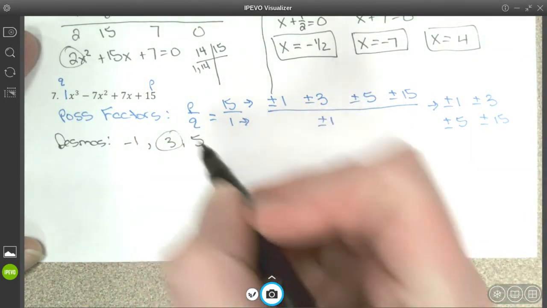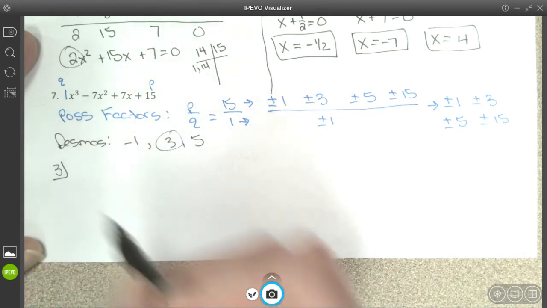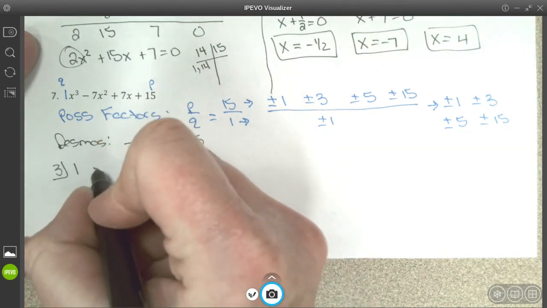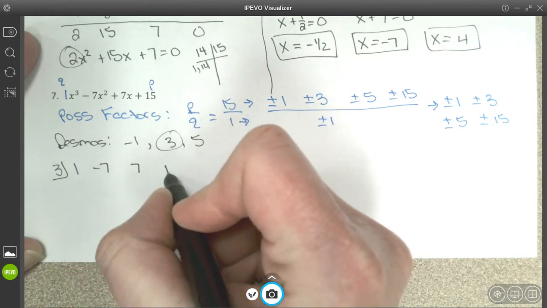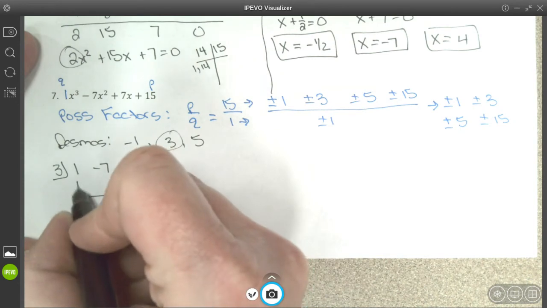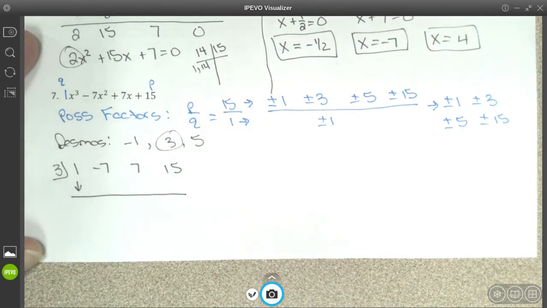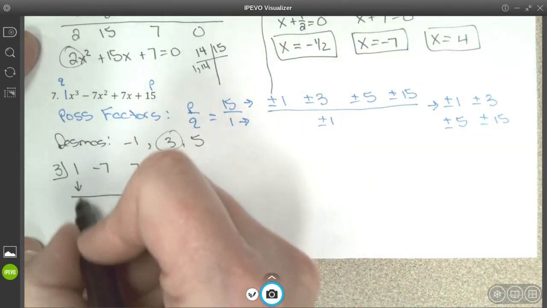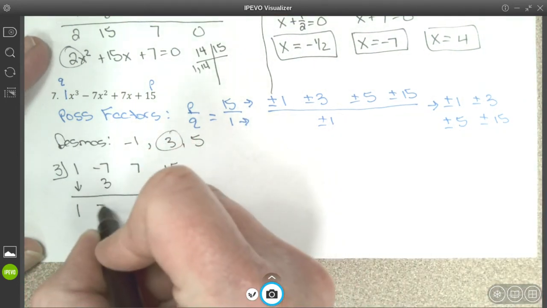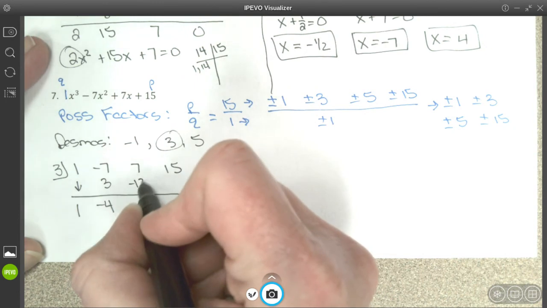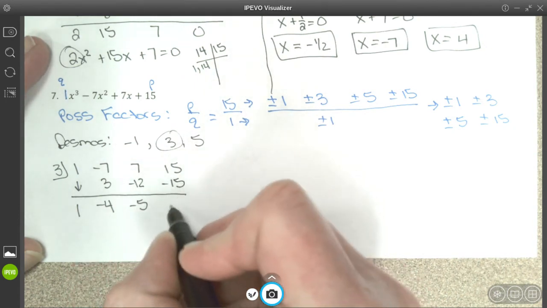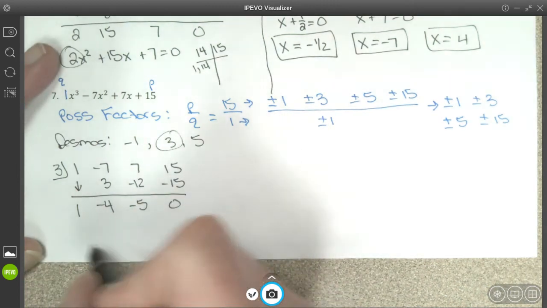Let's see. I'm going to start with 3 because I like starting with positive numbers first. But granted, you could have started with any one of them and ended up with the same correct answer. All right, so bring your first one down, multiply, add, multiply, add, multiply, add.